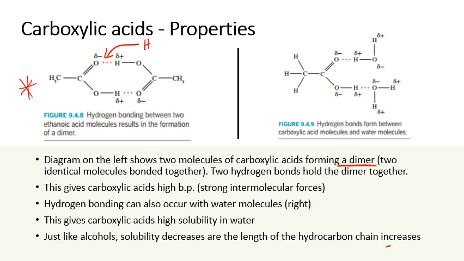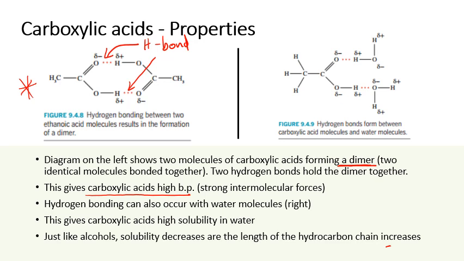So that's a H bond. And so is that. And that essentially gives the molecule quite strong intermolecular forces. And this gives carboxylic acids high boiling point, higher than alcohol, and we'll have a look at the graphs of that later.